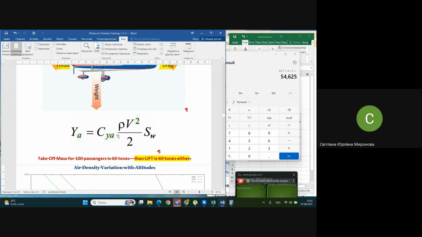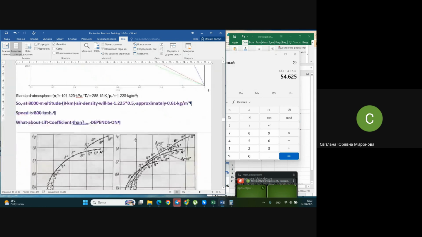Density of air depends where we are, near the ground or on heights, and speed. For primary calculations, of course, we are forced to use those speeds that are less. I mean, we need to use speeds during takeoff and landing because they are sometimes less than speeds of cruise flight. And let's try to calculate all together.